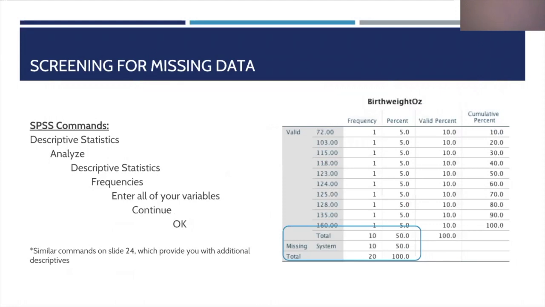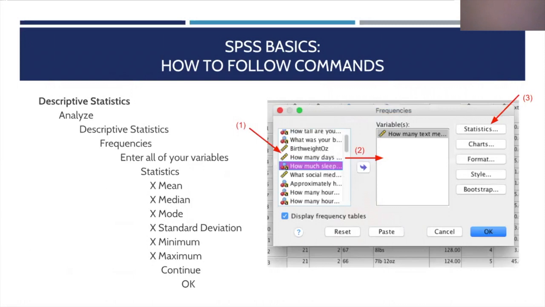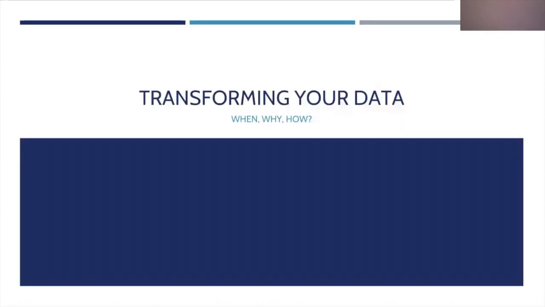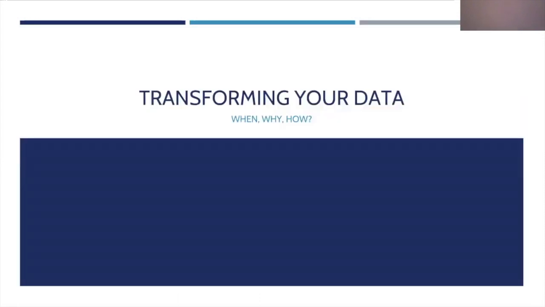Okay. So before we get into running commands for specific statistics, we're going to talk about transforming your data. Transforming your data is a really good tool if you want to work specifically within SPSS.